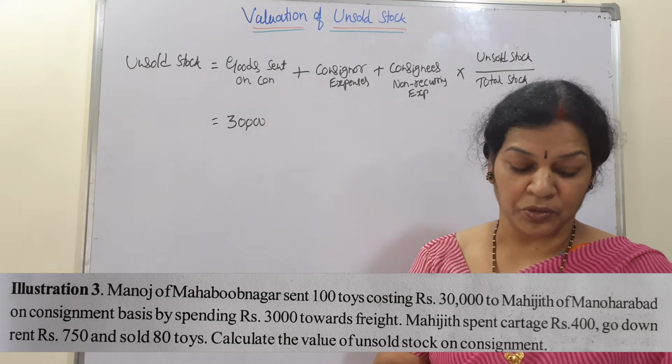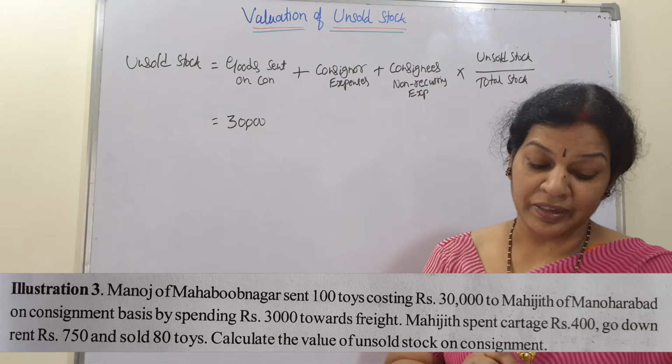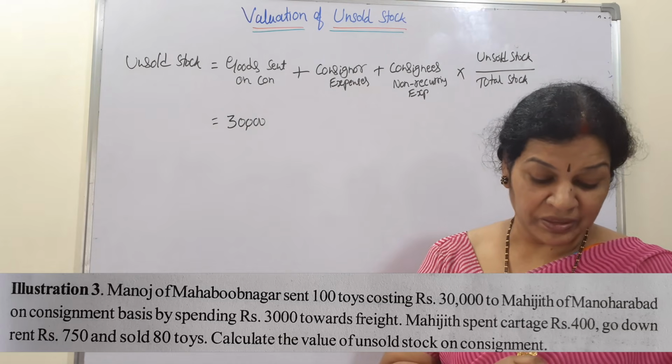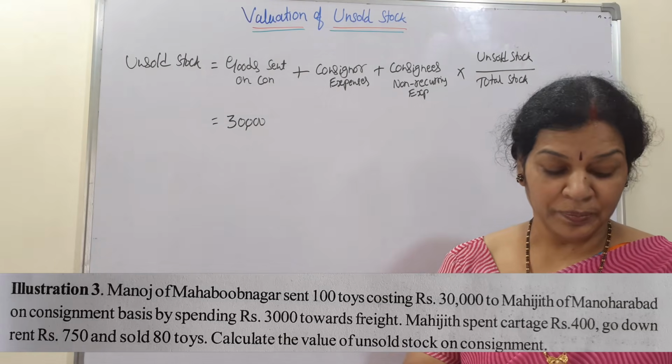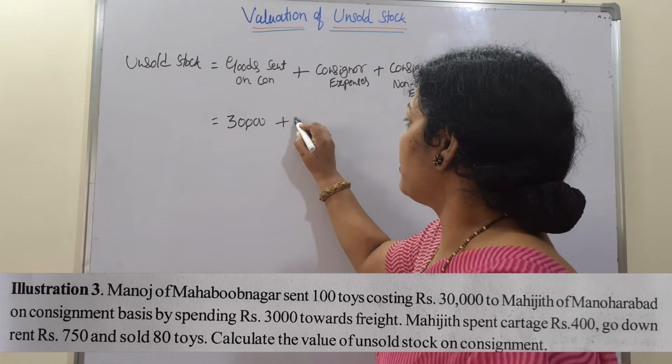Manoj is spending 3,000 rupees. If you read the sentence properly, Manoj of Mahbubnagar sent 100 toys costing 30,000 to Mahijit on consignment basis and spent 3,000 rupees towards freight. Who's spending? Manoj. Manoj means consignor. So consignor expenses are 3,000.